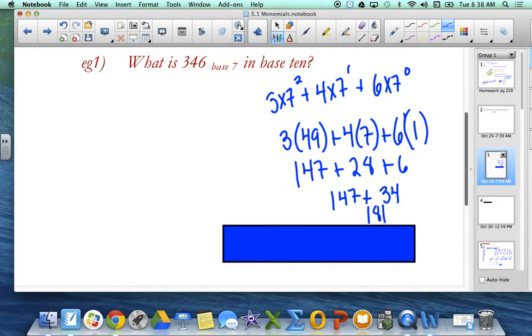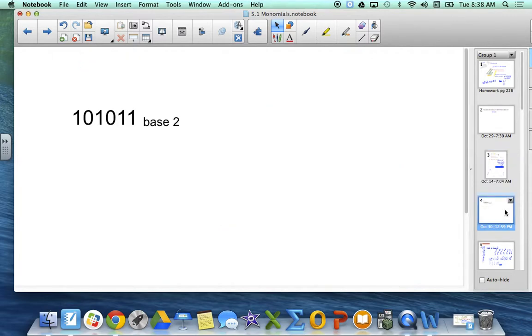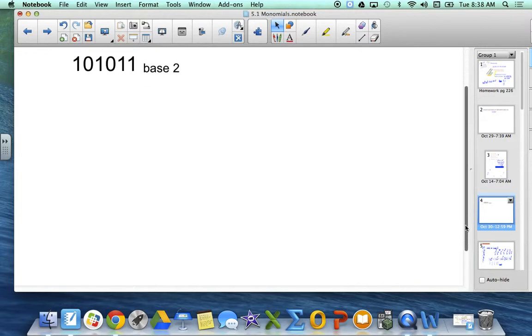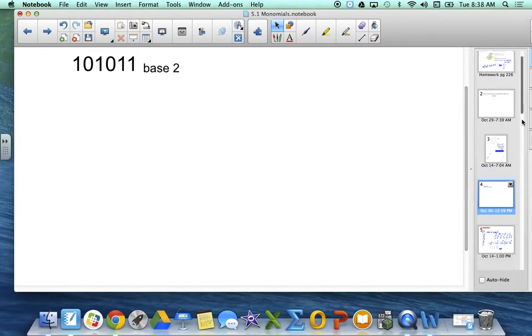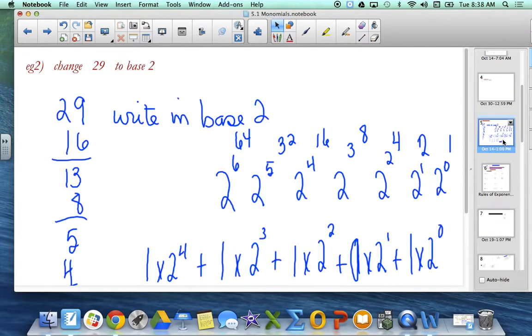Do I have that right? So in base 10, 3, 4, 6 in base 7 is equal to 181. Okay? All right. Y'all are looking at me like, all right. So we could actually find out what this number was in base 10, but we're behind already in time, so we'll come back and do that later.